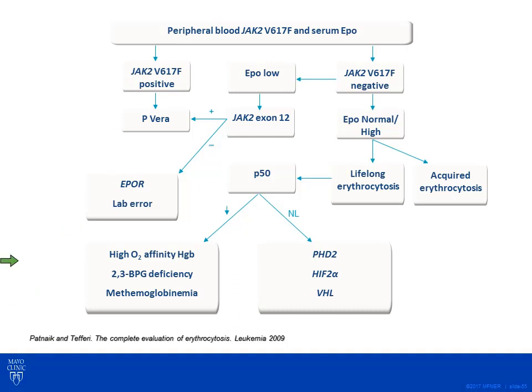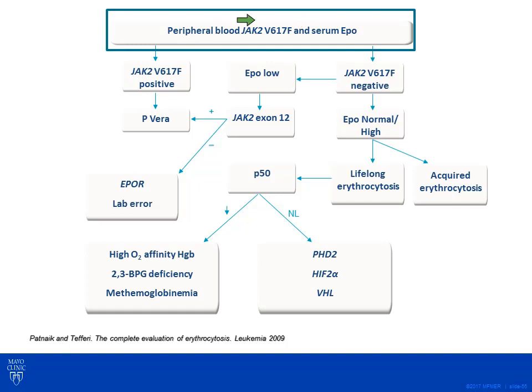There are 2 critical points in this algorithm. The first of these is at the very top. As we talked about before, doing the JAK2 V617F is the most important initial test. Also doing the serum EPO, because if this is positive, and probably with other things, you can confirm the diagnosis of PV.